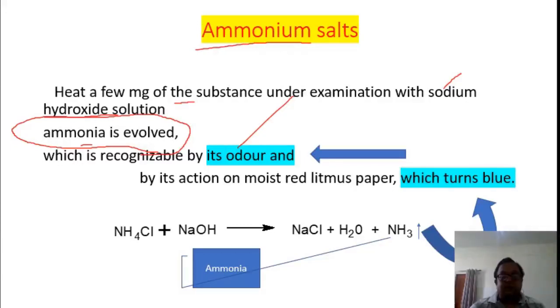Simultaneously, we can also identify ammonia by its action on red litmus paper, because it is the property of bases to turn red litmus paper blue. So with the help of its odor and its action on litmus paper, we can identify ammonia.